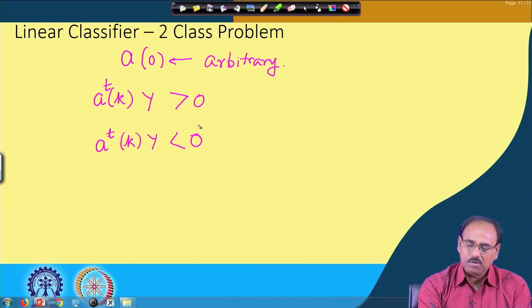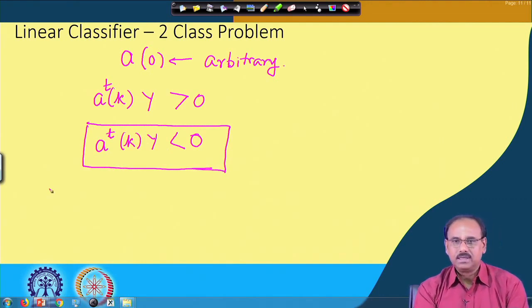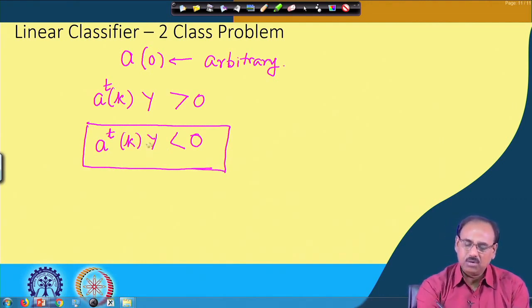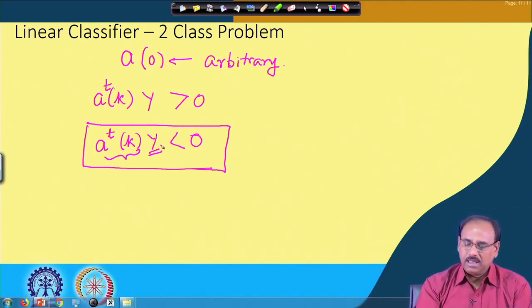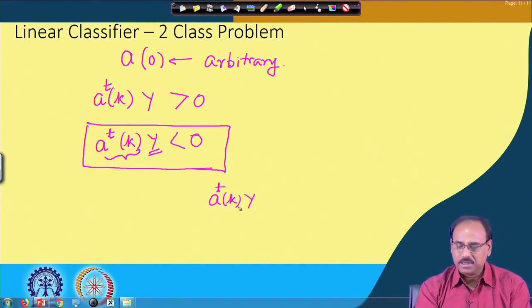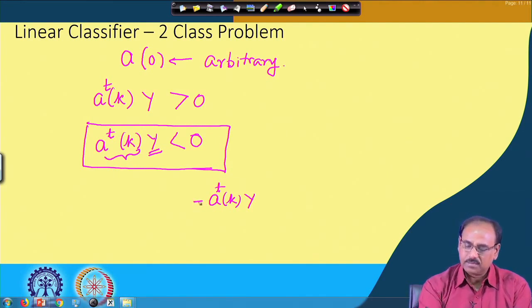So, during design or training, whenever I come across this situation that a k transpose y is less than 0, immediately I can conclude that the current a k has misclassified the vector y. And for this misclassification, I have to generate an error term. The error term that can be generated is a k transpose y, and as it is negative, I negate this.